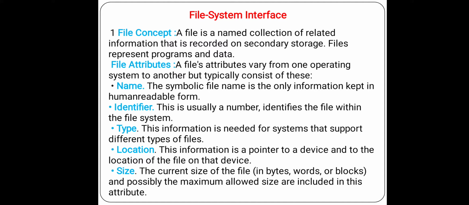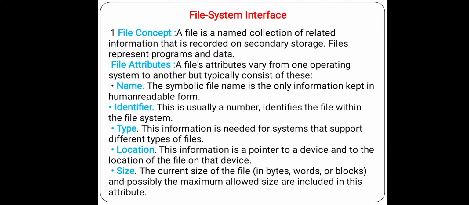Here the definition is: a file is a named collection of related information that is recorded on a secondary storage. Generally we call it the technical definition of a file.